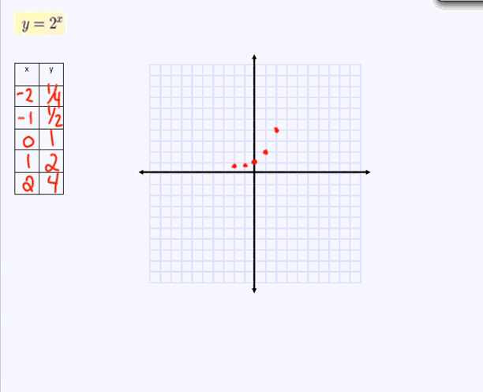By the way, 2 cubed is 8, so that brings us all the way off our graph, right? No, it doesn't. It's right here. Okay, so we have something like this.